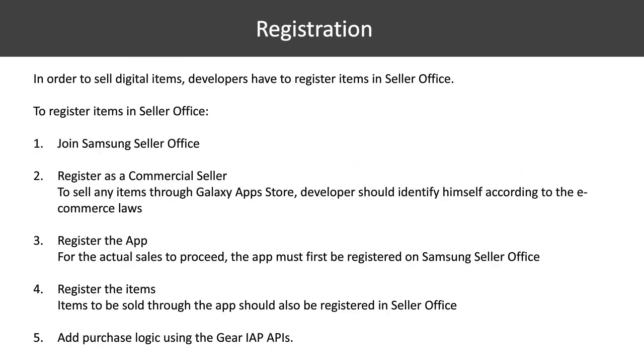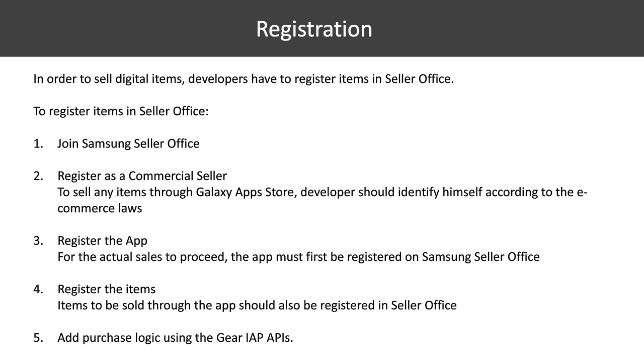In order to sell digital items, developers have to register items in the Samsung Seller Office. To register items in the Seller Office, you should first join the Samsung Seller Office if you have not already joined. Developers should register as a commercial seller. To sell any items through the Galaxy App Store, developers should identify themselves according to e-commerce laws.